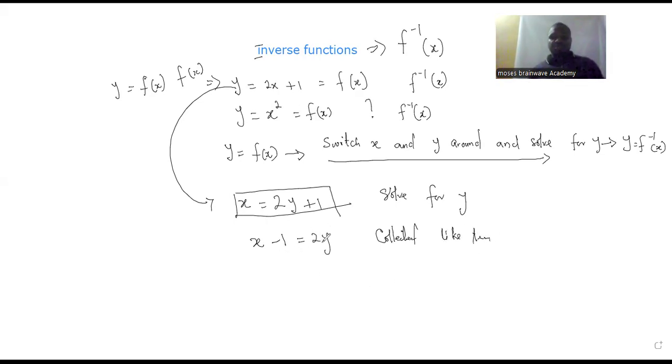I'm going to divide by the coefficient of y. So I have x minus 1 over 2 is the same thing as 2y upon 2. Basically, I'm going to get y is equal to x minus 1 upon 2. And this is what we have as the inverse of this particular function.